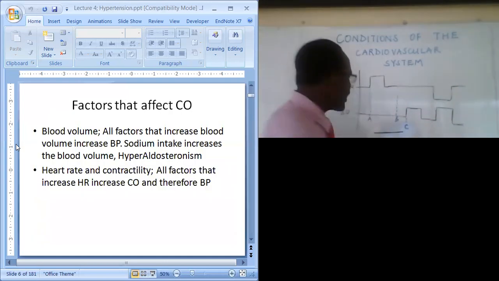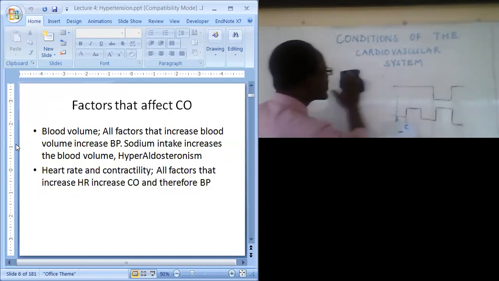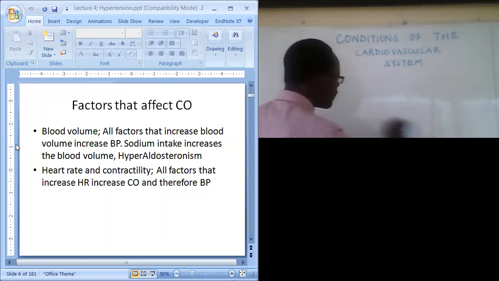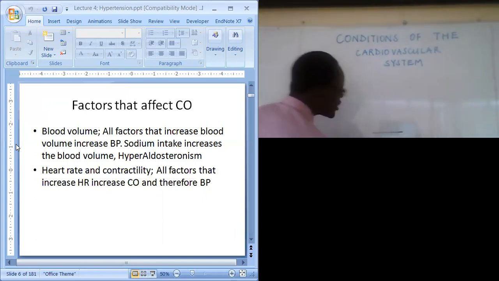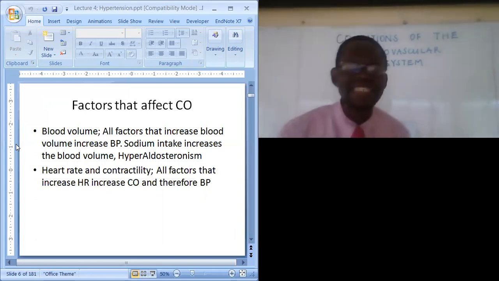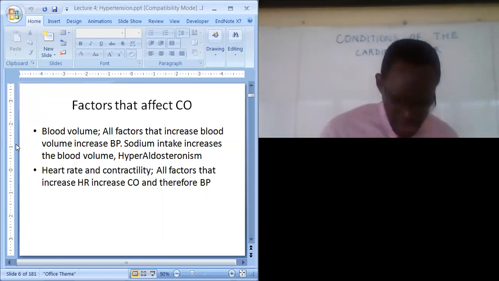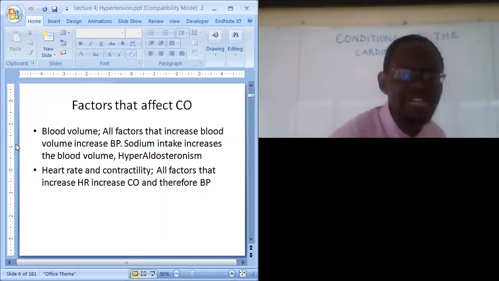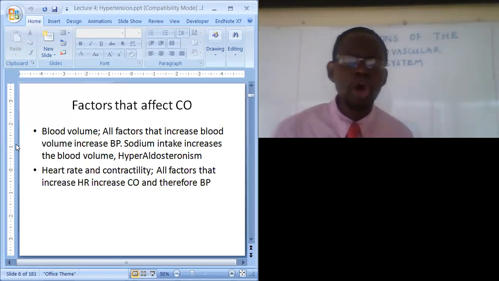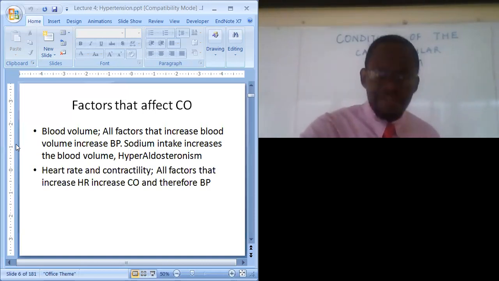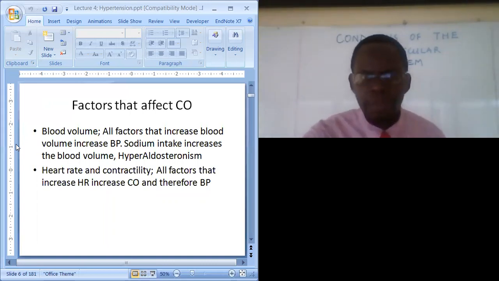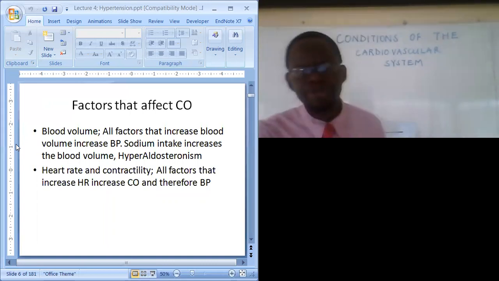Now, we looked at factors that influence blood pressure, and we said that one of the factors is cardiac output, which in turn is influenced by things like total blood volume. All factors that increase the blood volume will increase the blood pressure.